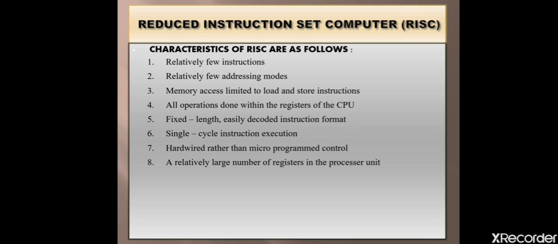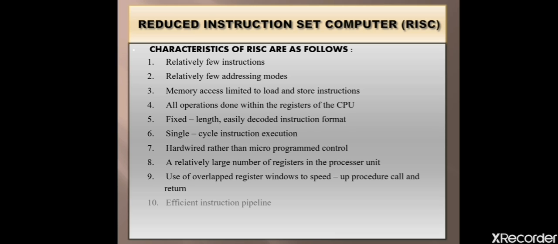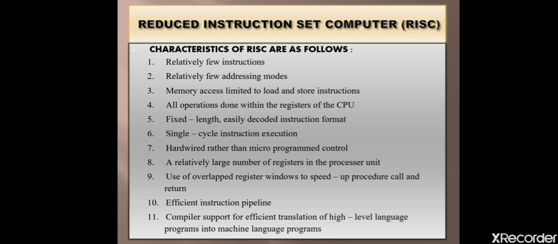As we have fewer instructions, fewer addressing modes, and no direct access of memory, there is use of overlapped register windows to speed up procedure call and return. Efficient instruction pipeline. Compiler supports translation of high-level to machine-level language programs only.